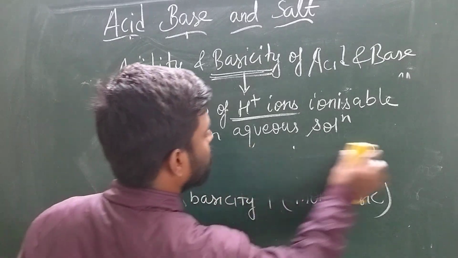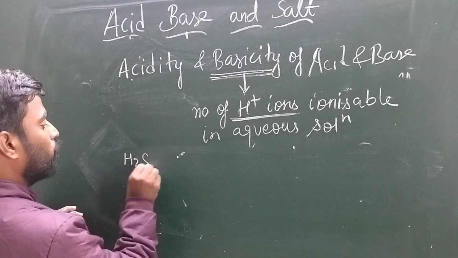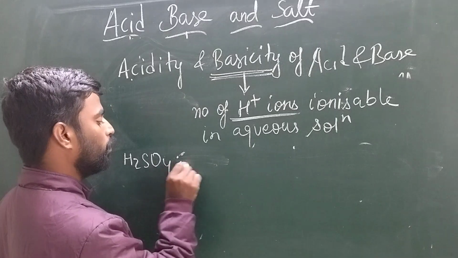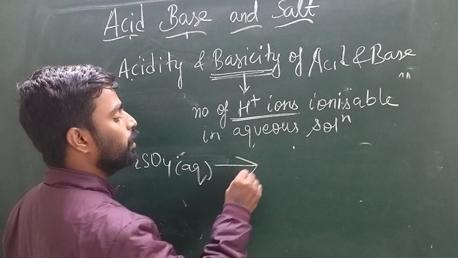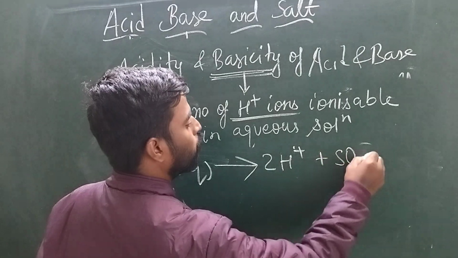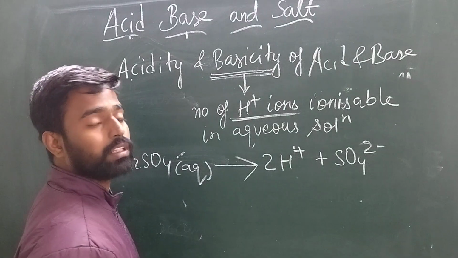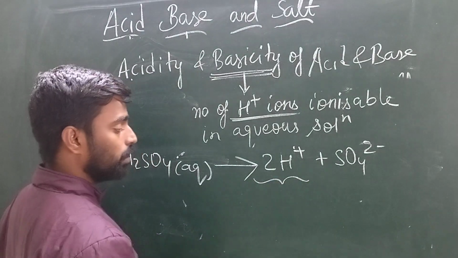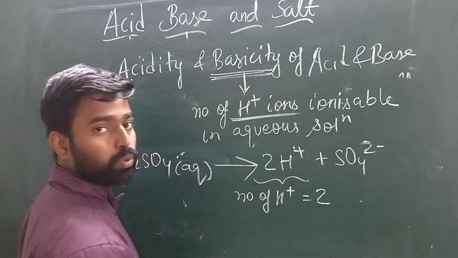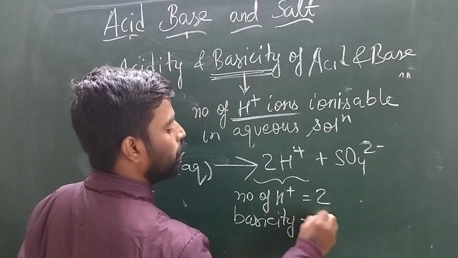Similarly, H2SO4. An aqueous solution of H2SO4 will ionize to give 2H plus and SO4 2 minus. The number of H plus ions is 2, so its basicity is 2.